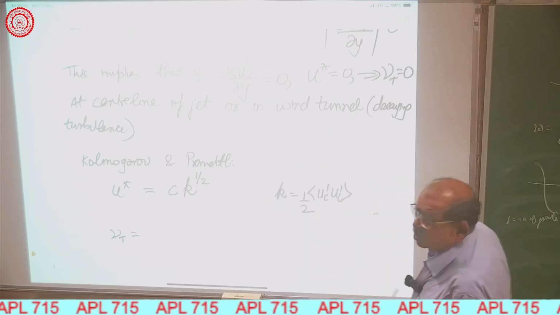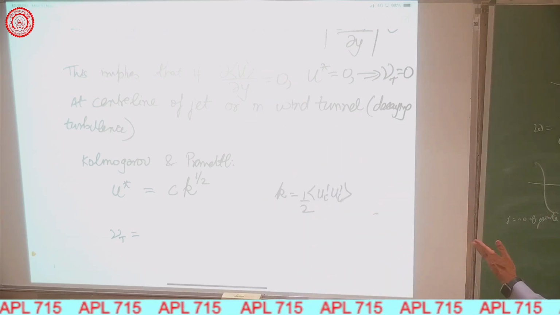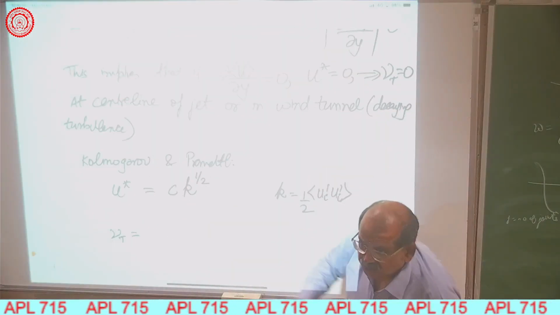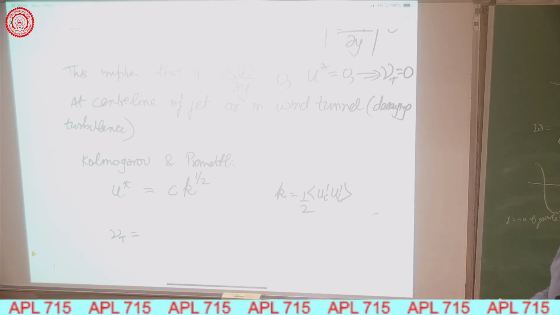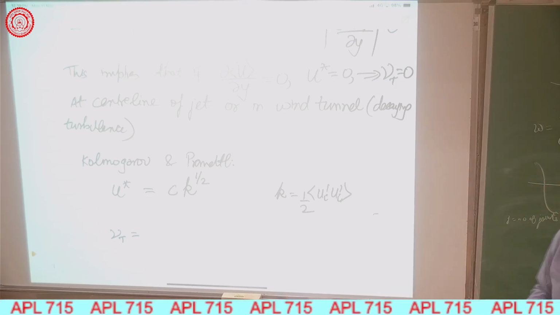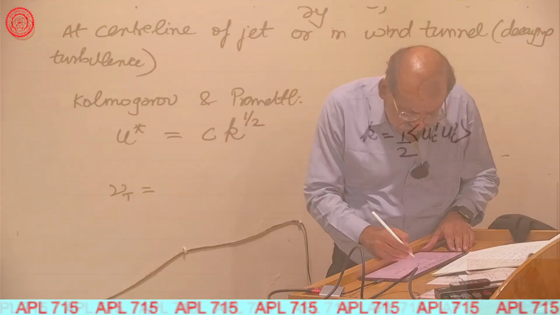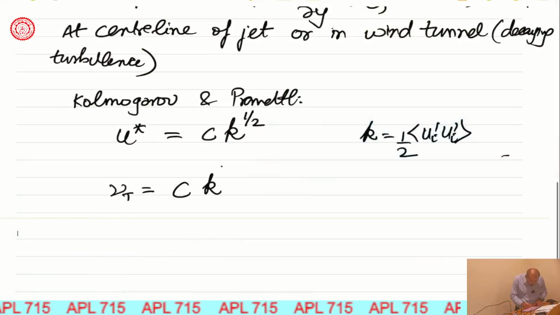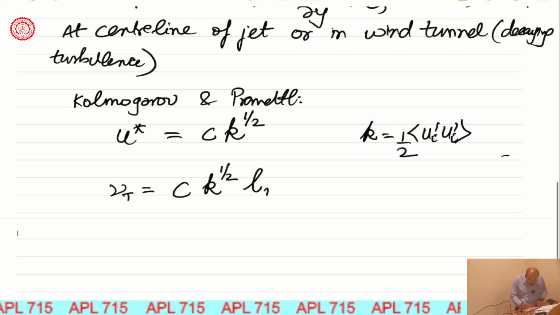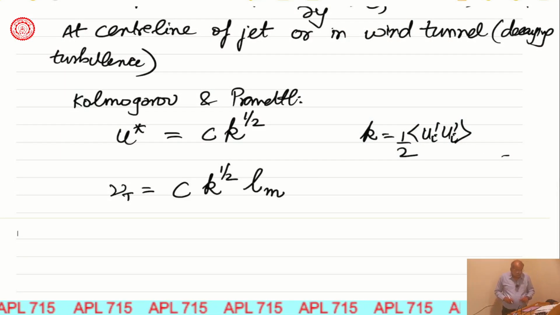And that is why, because turbulent velocity does not always go the way mean velocity goes, we try to introduce something like a turbulent kinetic energy as the velocity scale in nu-t. So nu-t will become equal to c times k to the power of half times Lm.